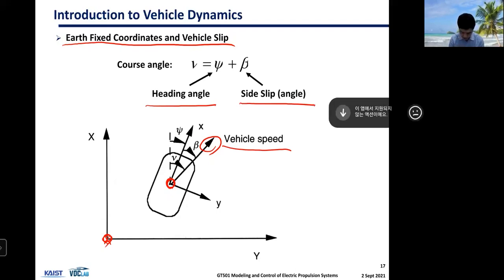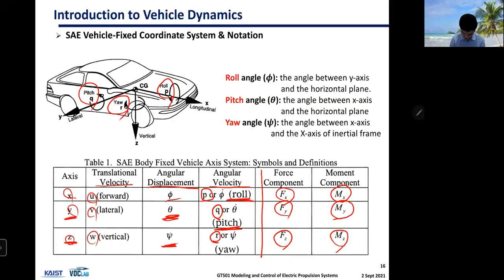But in this case, we can simply use scalars in this two-dimensional example, and you can actually just add these two values, beta slip angle plus this psi, which is the yaw angle.